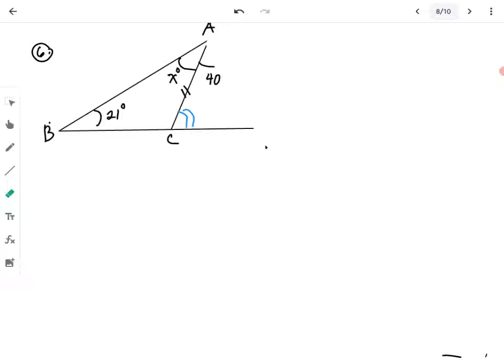However, we do not have a measure of that blue angle. And there is another important information that we have to observe. This one, triangle ACD, is isosceles. The definition of an isosceles triangle is that two sides are equal.